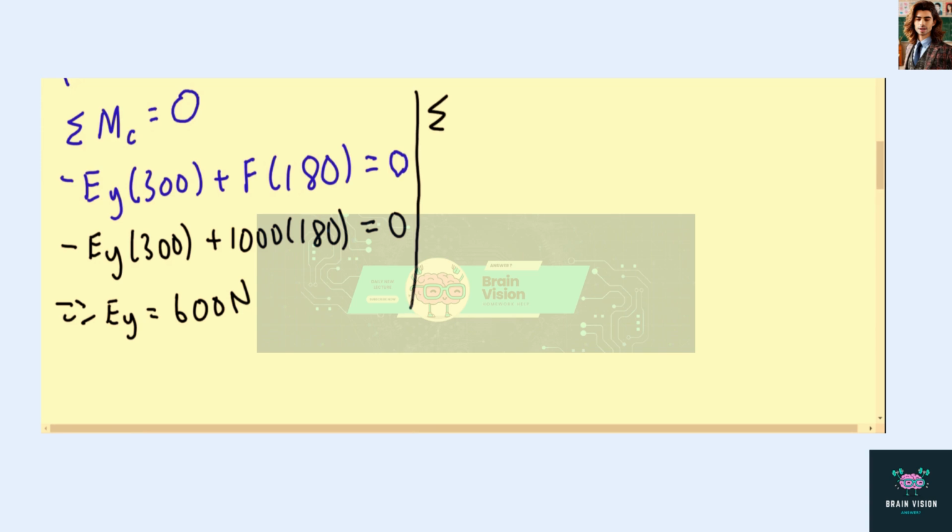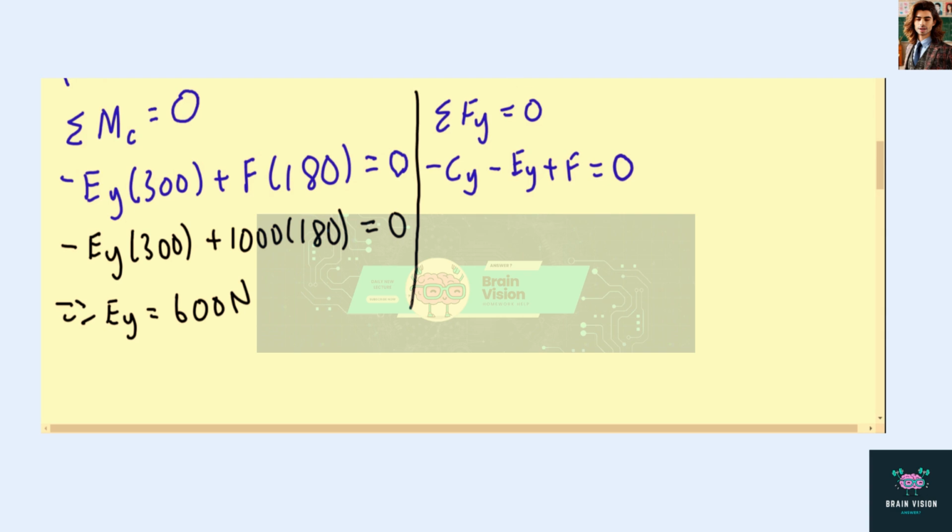So now we're going to take the sum of forces in the y direction, set it equal to 0, and we can write that as negative c of y minus e of y plus f is equal to 0.